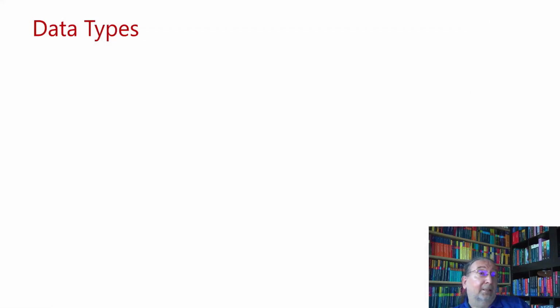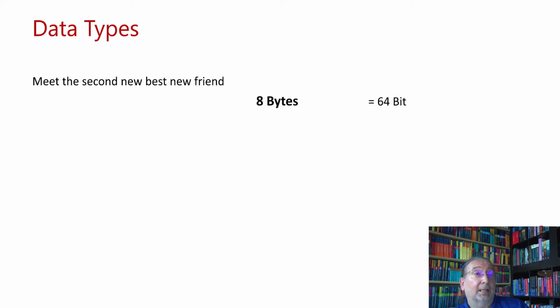Data types, that's the second one, and that's the big one I see a lot of people not paying attention to. Meet your new best friend number 2: it's 8 bytes or 64 bits. Every data type that fits in 8 bytes or less is your friend in column store.